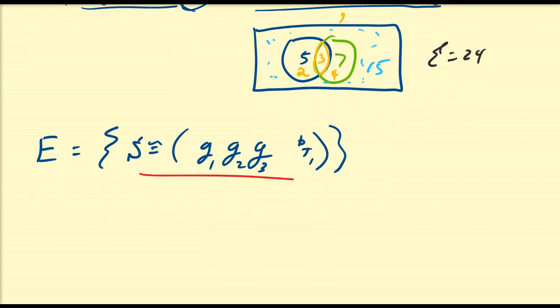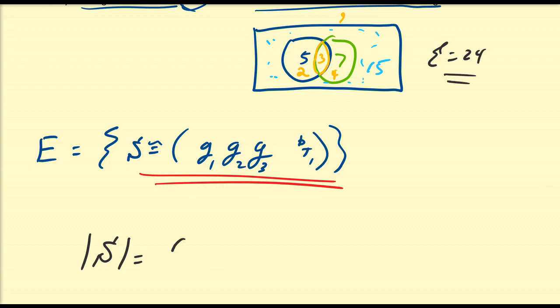So how many different types of samples are there in this set? So the size of this sample space, which is going to be the set of all samples of size 4, selected from 24, is going to be 24 choose 4, because we don't necessarily care about the order, we only care about the structures within them.